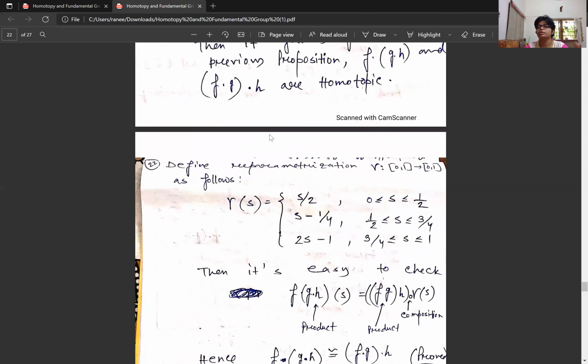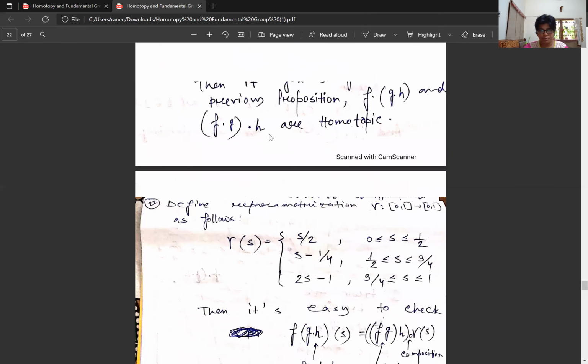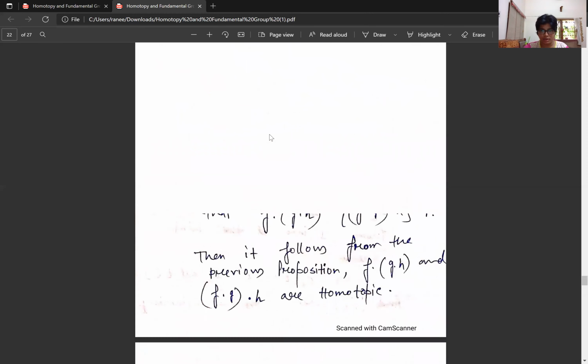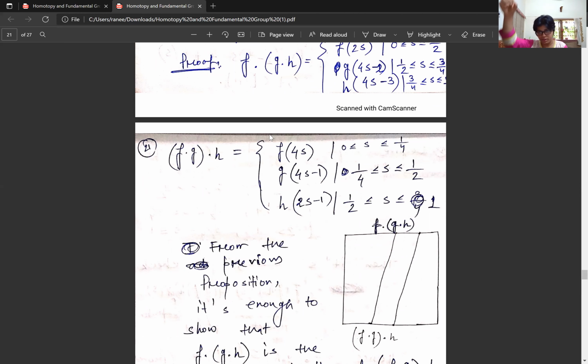You understand what the reparameterization does? It's sliding your F to that F. In the bottom of this picture, F starts from 1/4, and in the last step F ends at the first half, and in the bottom, F ends in the first fourth.